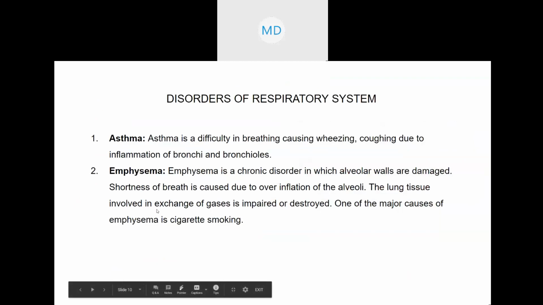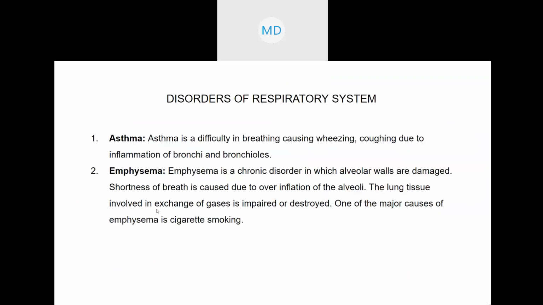Inflammation means swelling. When those bronchioles swell, then we have difficulty in breathing and coughing. People suffer from cough and all those.